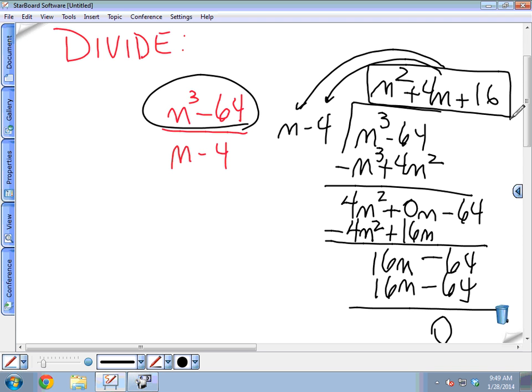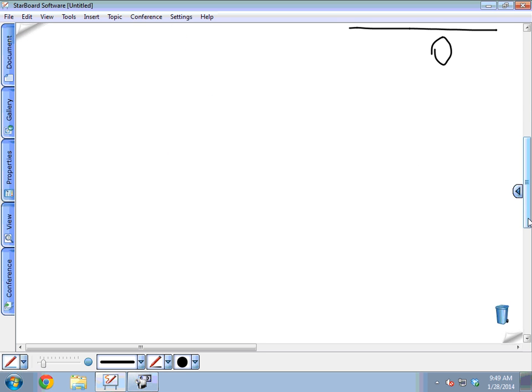Now, the next direction on number 19 says, factor this polynomial completely, given that x plus 5 is a factor. Well, if x plus 5 is a factor, use your long division and divide it.